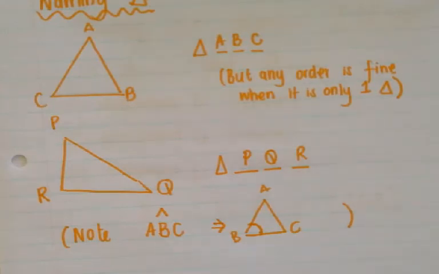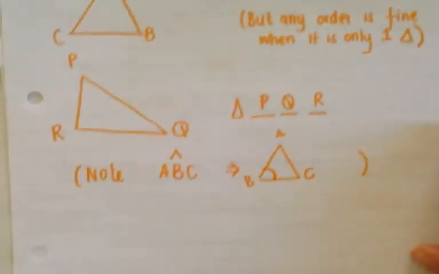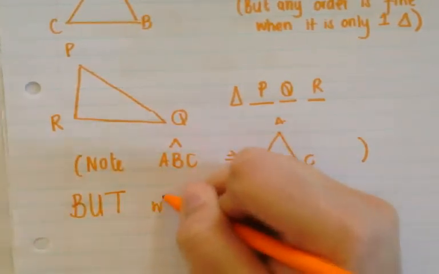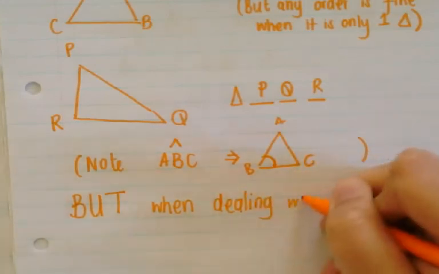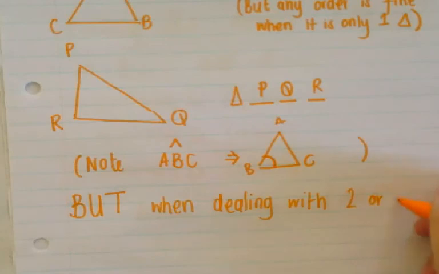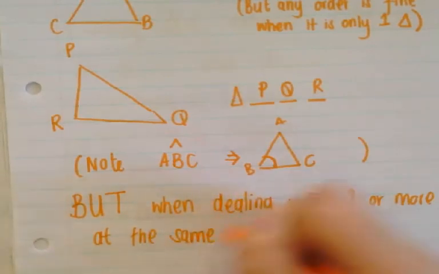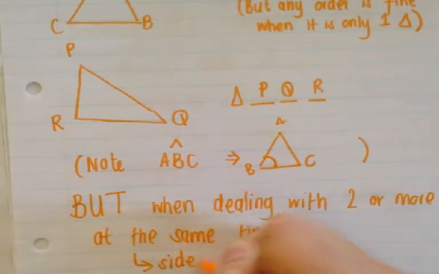But when I work with two triangles at the same time, I need to keep track of which sides are corresponding. So let's make a note. When dealing with two or more triangles at the same time, the sides must match, they must correspond.